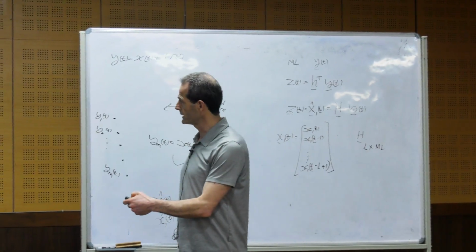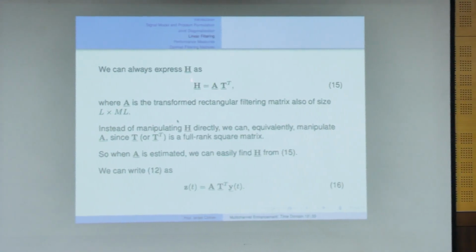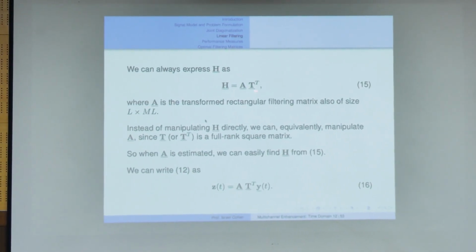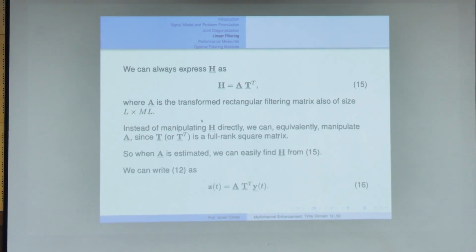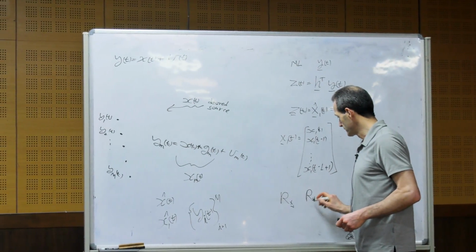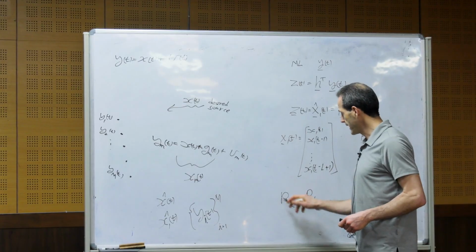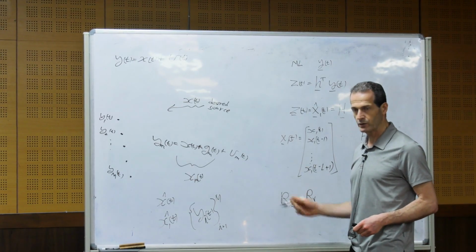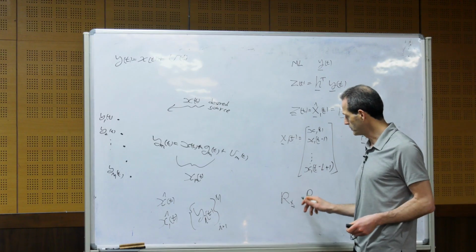Okay? So instead of working in the spatial-temporal domain with a filtering matrix, we transform everything using this matrix T. And I remind you, the columns of the matrix T are the generalized eigenvectors. And the generalized eigenvectors depend on the correlation matrices Rx and Rv, because it diagonalizes these matrices. That's why we call it the generalized eigenvalue decomposition.